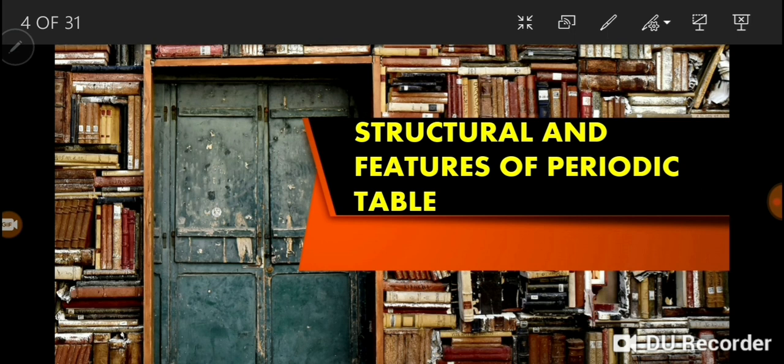Of course, these notes are not the whole of our knowledge, but they will give you some figures for the periodic table's features and structure.